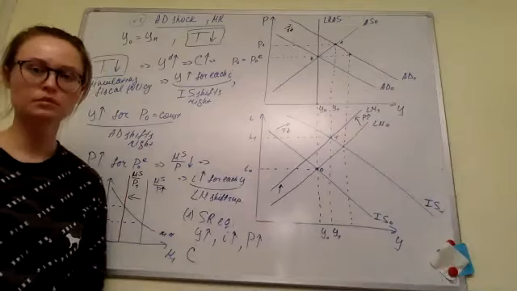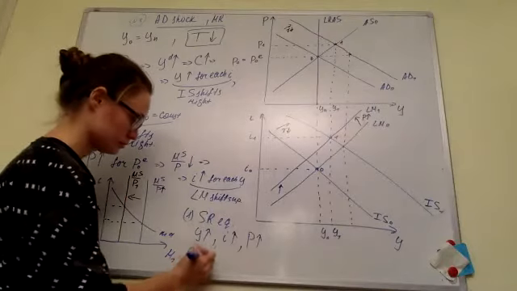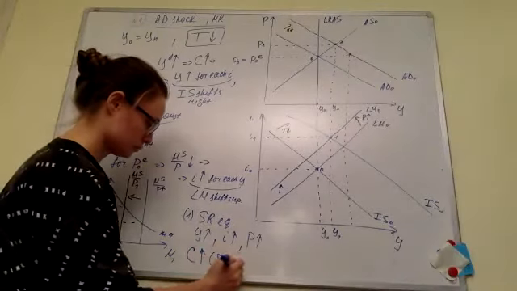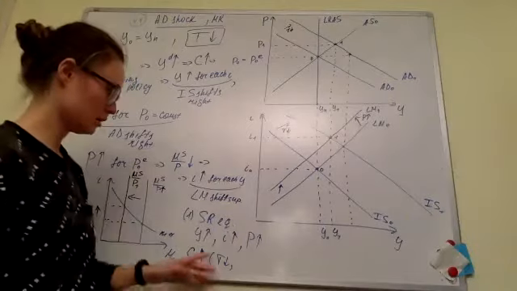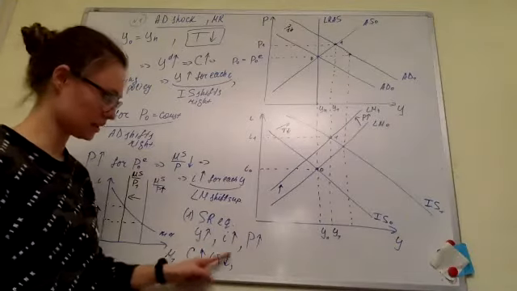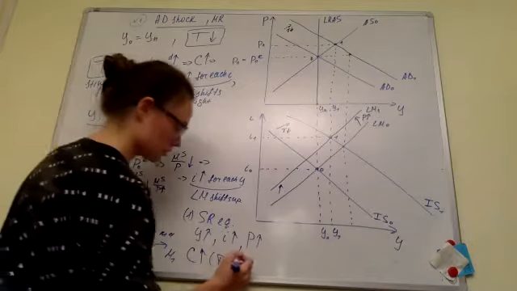Because taxes decrease, but our output increases. So for two reasons, our total income increases and taxes are lower. Yes, two reasons why consumption is higher now.